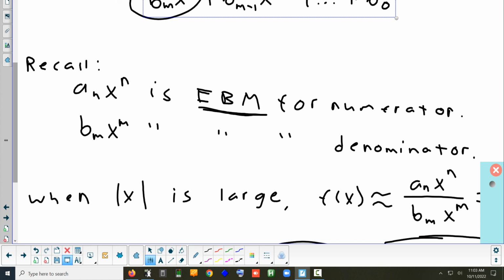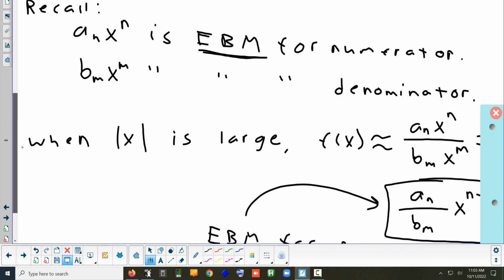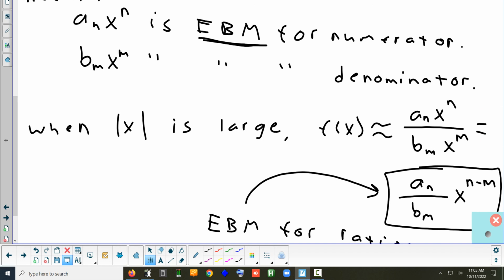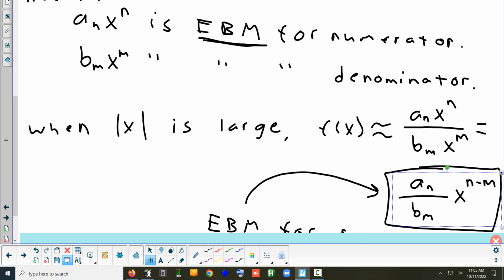When you divide those two EBMs, they both have the same variable. When you divide variables with exponents, what do you do with the exponents? You subtract them. So you have two numbers in front of the x's, those are your coefficients, and the exponent is n minus m. N is in the top, m is in the bottom.